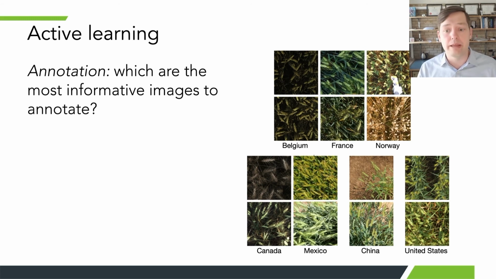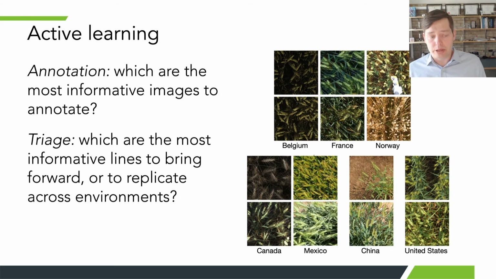It might not necessarily be that we want to annotate 100 images from each domain, each country. It may be that certain countries have less variation, and a fewer number of images is required to achieve the same level of accuracy. So active learning provides a number of tools to help make this decision of which images are important to annotate. The same idea of active learning can also be applied to this triage problem.